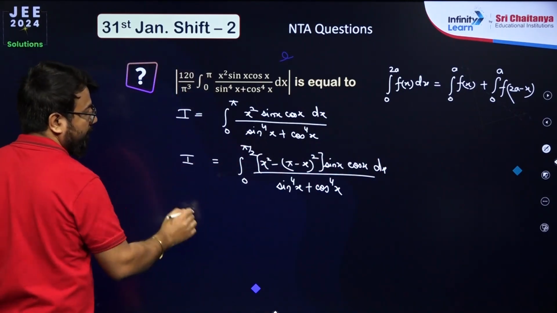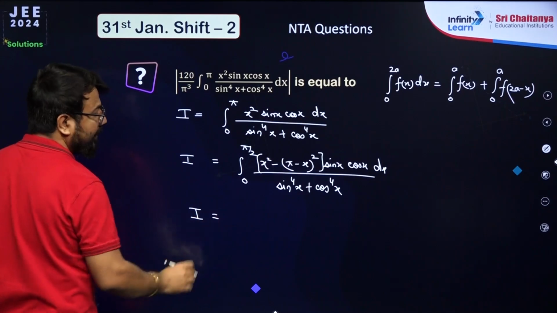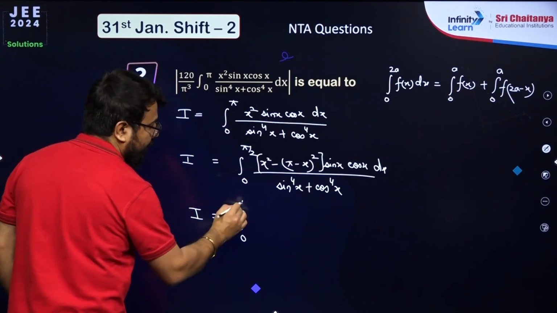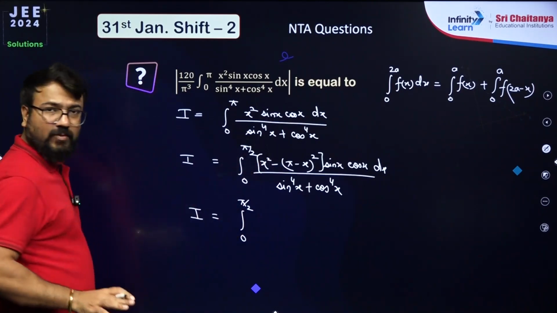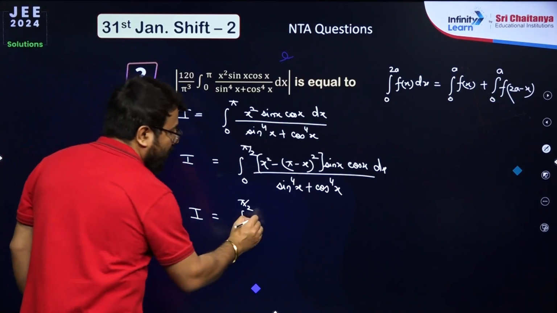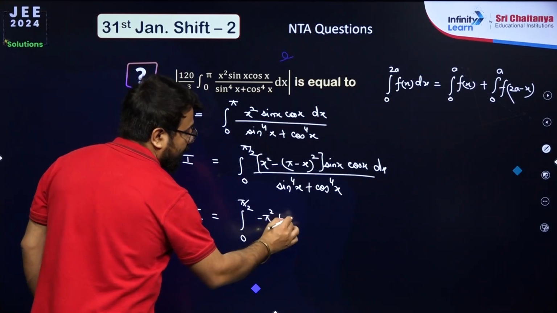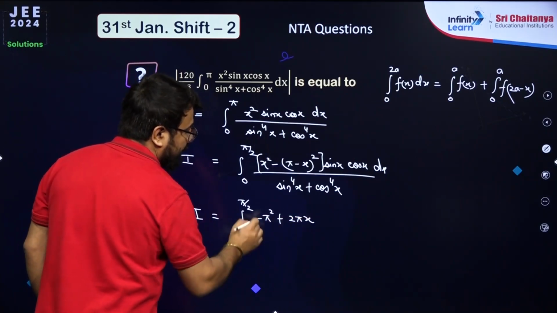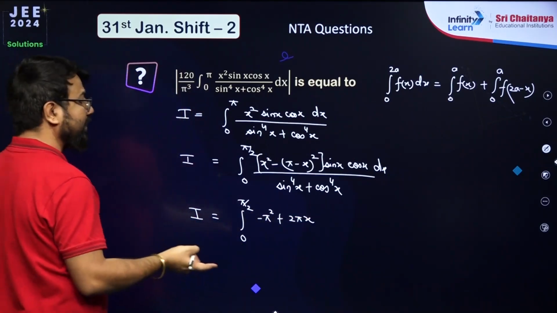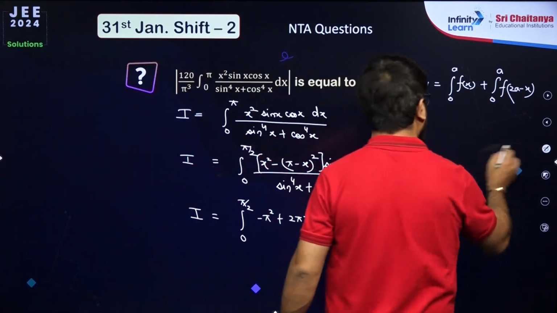Now what we can do, here it is 0 to pi by 2. If I try to simplify it, x square and x square will get cancelled. One I will have minus pi square, another I will have 2 pi x, and these two integrals can be separated.